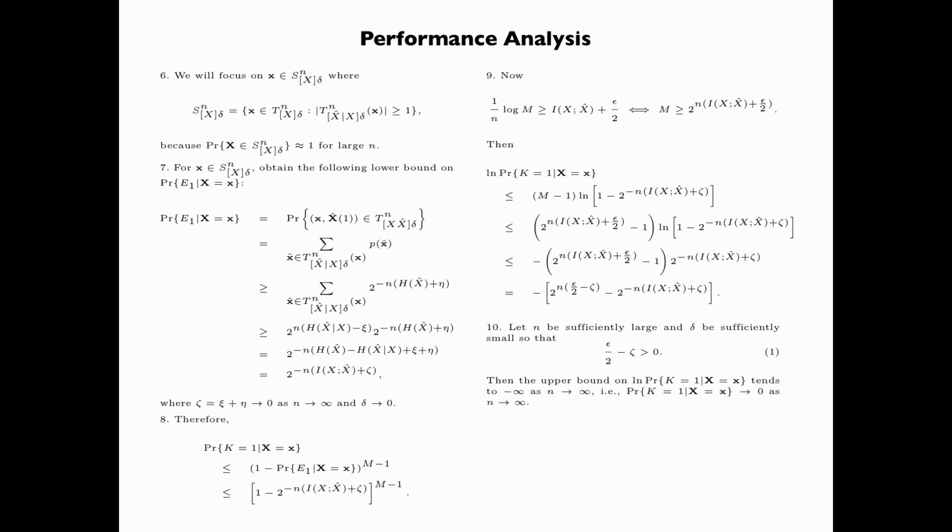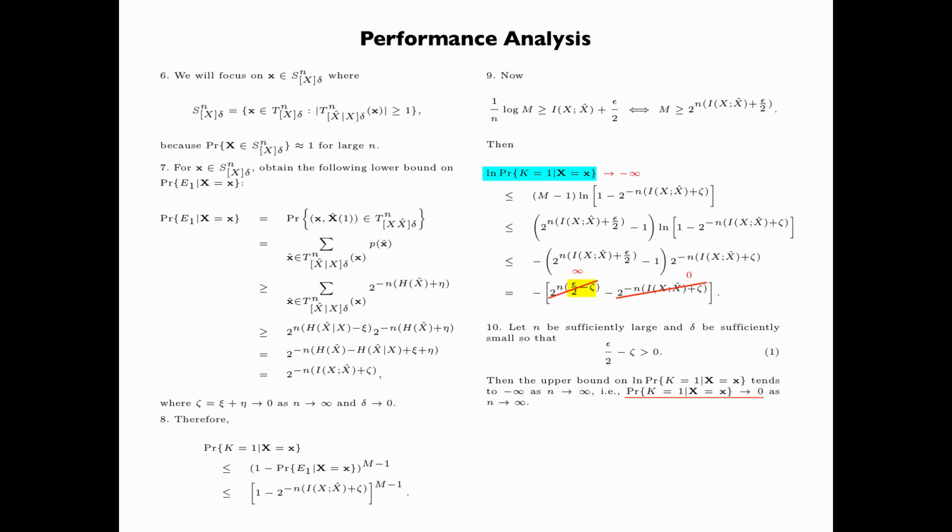Now let n be sufficiently large and delta be sufficiently small so that epsilon over 2 minus zeta is greater than 0. So as n goes to infinity, this tends to infinity, and this tends to 0. Then the above upper bound on the log of the probability of K equals 1 given X equals x tends to minus infinity as n tends to infinity.